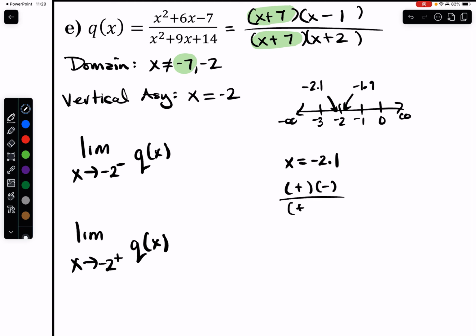Now plus 7, that's the same as the top. And this number plus 2 will be negative as well. So these two negatives become positive, no more negative sign, and we end up with a positive value. So plus, meaning that on the left side of negative 2, the graph is pointing upwards towards positive infinity.